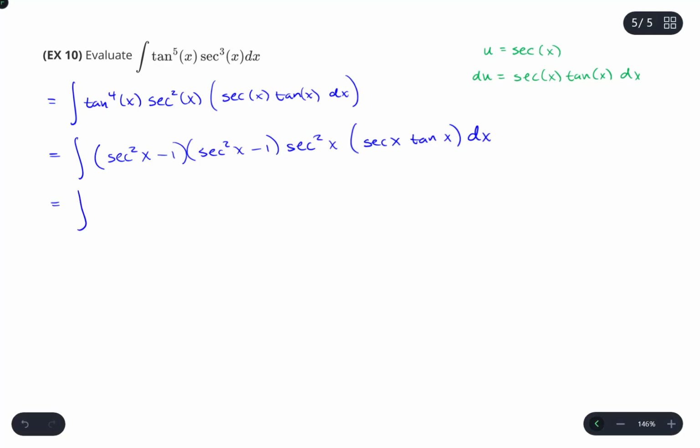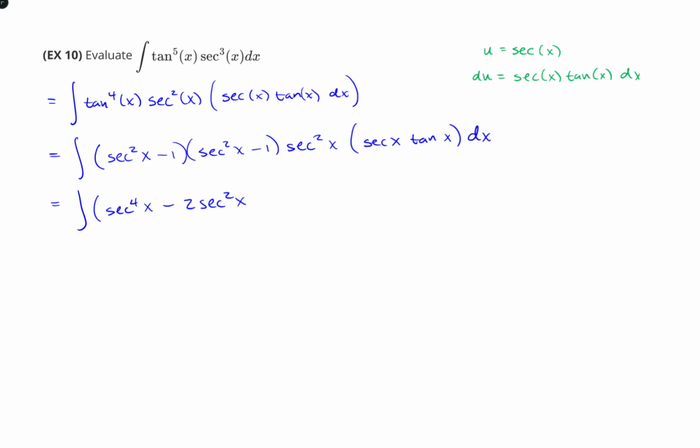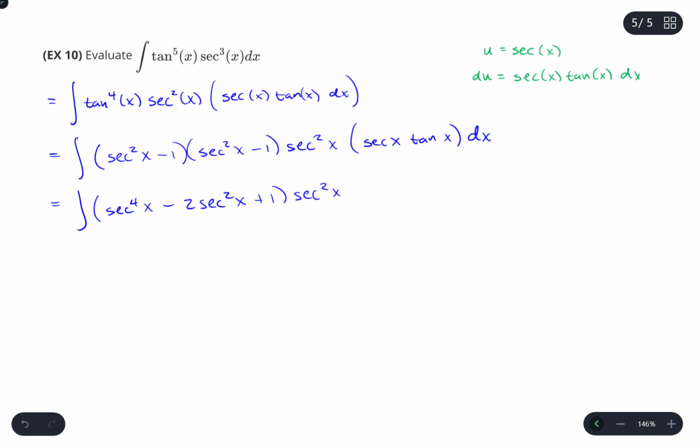Okay, so let's get moving here. So secant squared times secant squared is secant to the fourth x. Then it would be minus 2 secant squared x, because secant squared times negative 1, and then secant squared times negative 1, those add up to negative 2 secant squared x. 1 times 1 is 1, times secant squared x, and then this would be secant x tangent x dx.